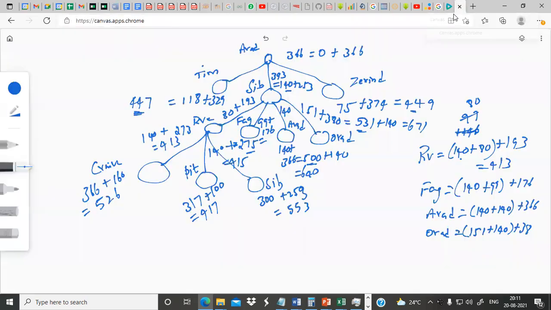In our graph also, if you see Fagaras here, it is 415. This is what we are going to explore, because out of all the unexplored nodes, this is the minimum cost one.